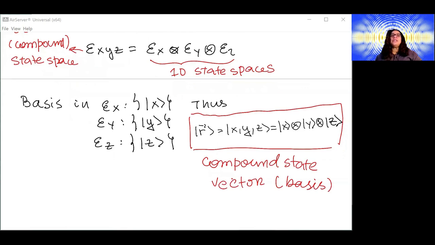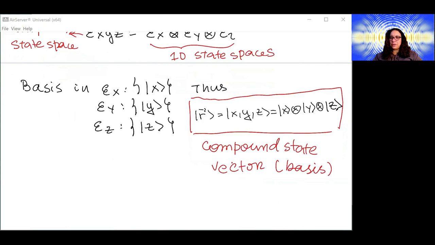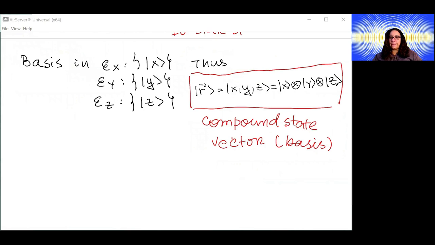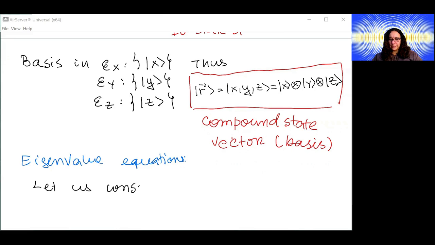And now we need to look at eigenvalue equations. So let's check. Let's first analyze what we have in X, Y, and Z. So let's consider the X, Y, and Z operators.